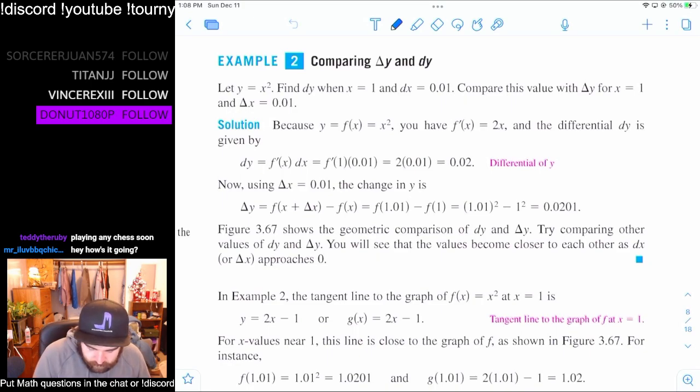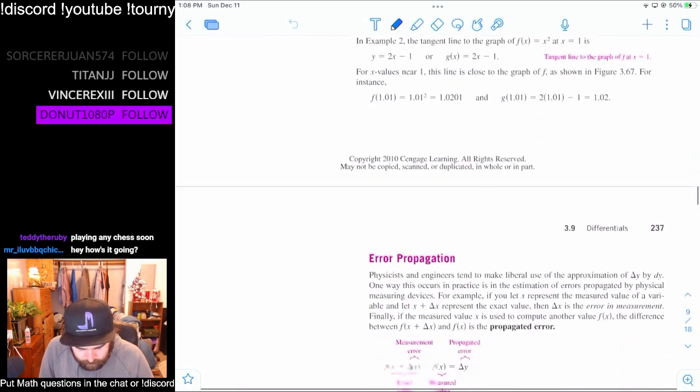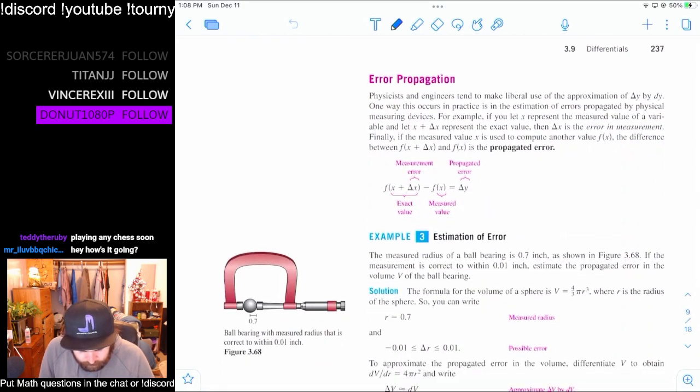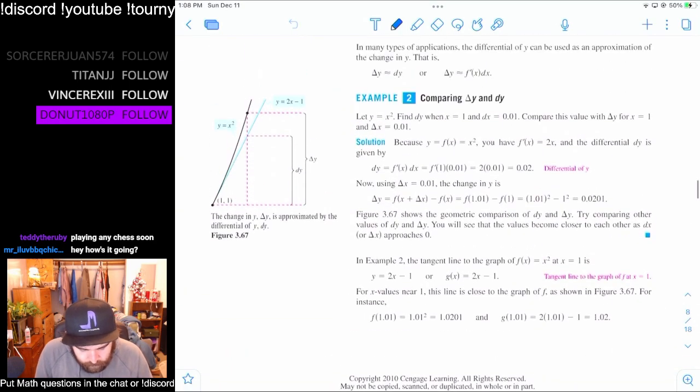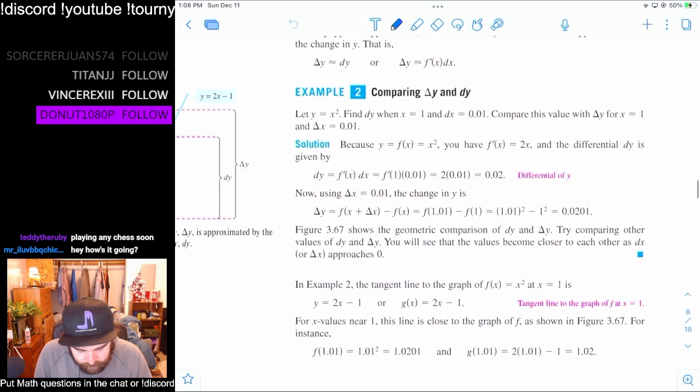Using delta x, 0.01, the change in y is that. I remember doing that error stuff.